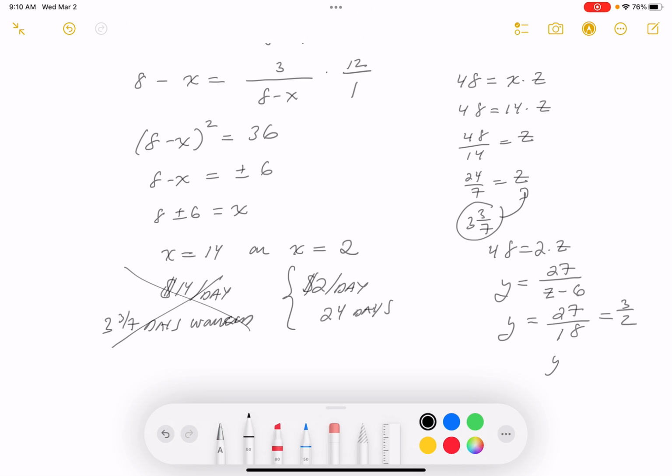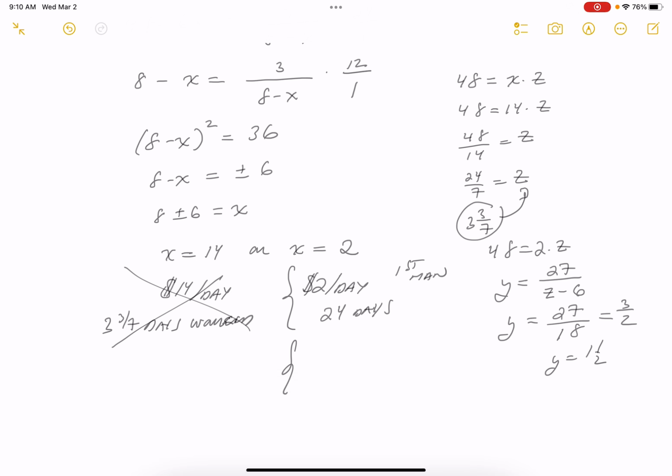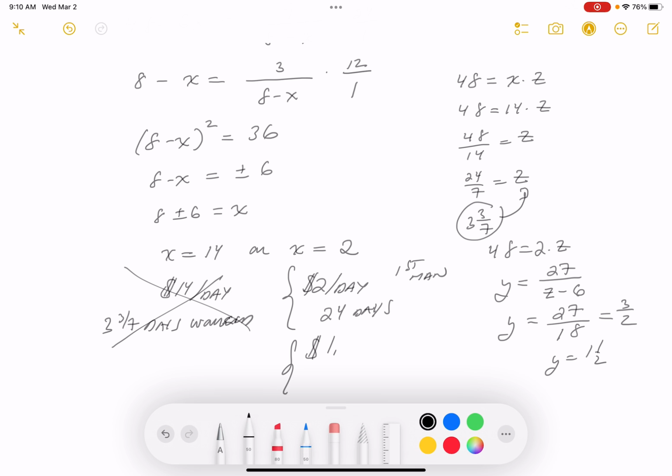So Y is 1.5. And what does Y stand for? The second man's daily rate. So this is the first man. The second man was $1.50 per day. We'll look at the key later, by the way. And he worked for how many days? Well, 6 days less, which means he worked for 18 days.